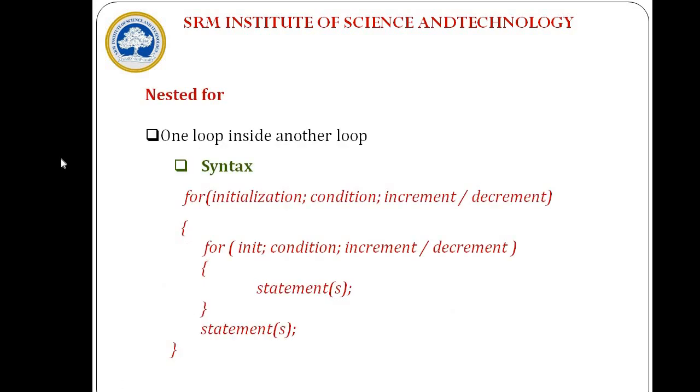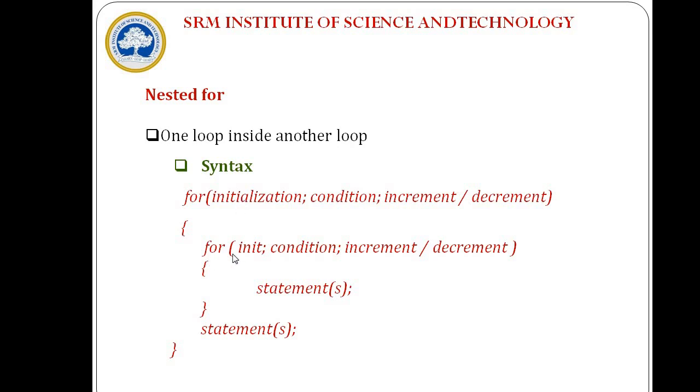Next is the nested for. You can have a for loop inside another for loop, which we call a nested for. The syntax for the nested for is: for, initialization, the second expression, and this is your third expression. This loop we call the outer loop.